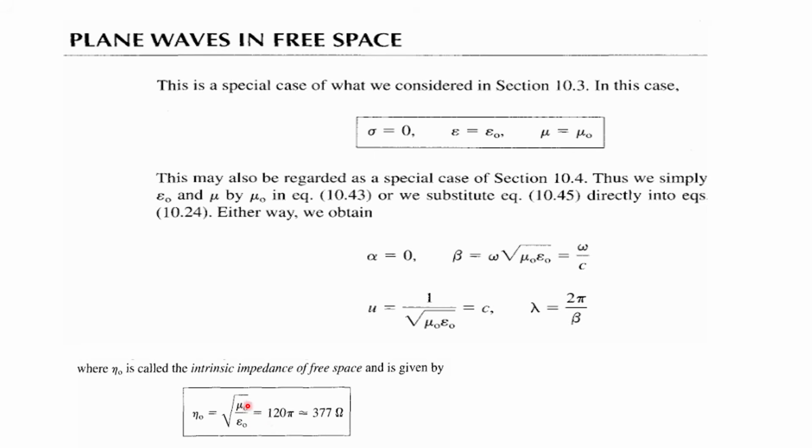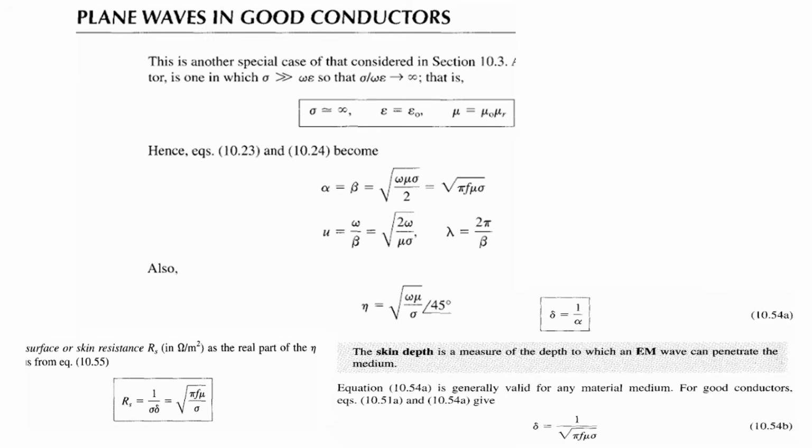If you replace the values of mu naught and epsilon naught, then almost the value is 377. So mu naught is 4 pi into 10 to the power minus 7. Epsilon naught is something like 8.85 into 10 to the power minus 12. So just put all these values because these are constant values. So you will get 377 ohm.